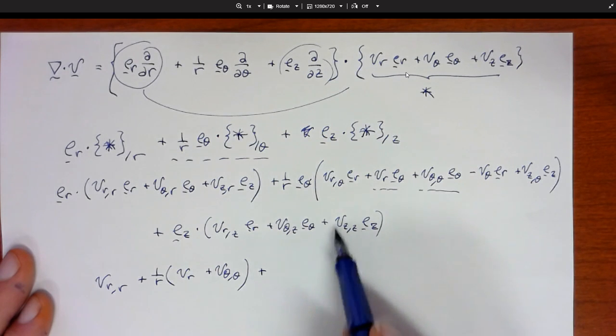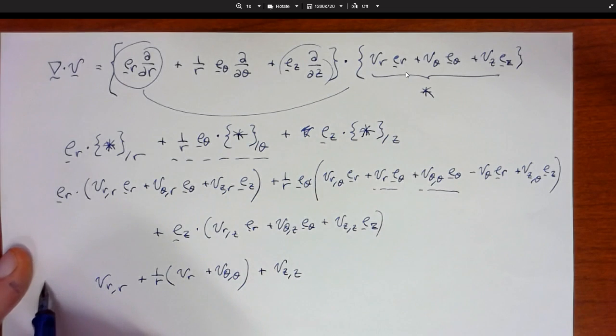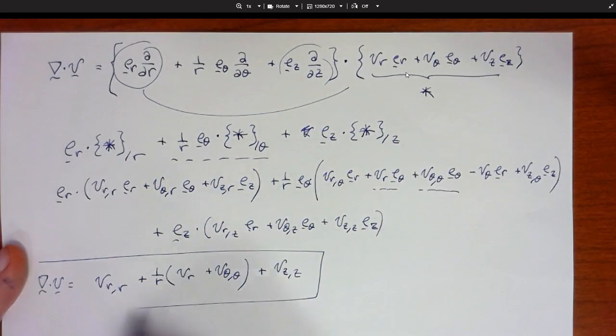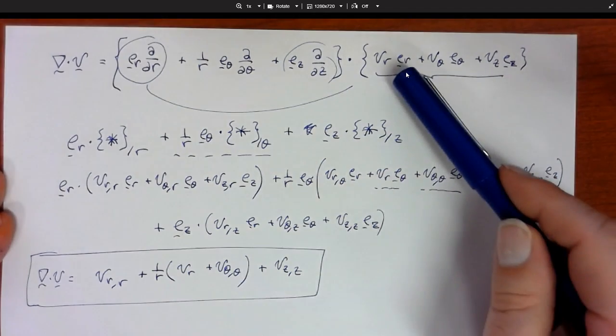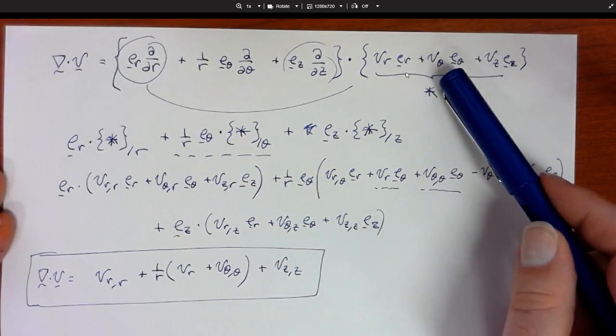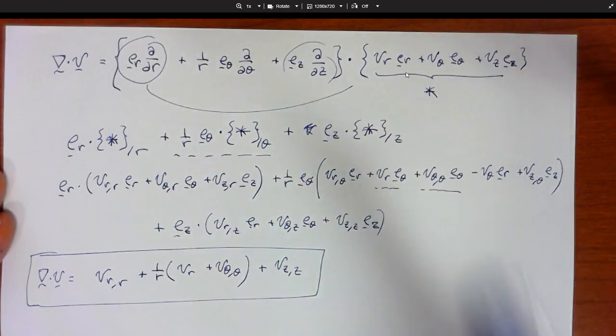Again, the only one that survives is VZ comma Z. So this becomes the divergence of the velocity field in cylindrical coordinates, okay? It's not that hard, but you can see the math pops out the additional terms because some of these unit vectors change when we take the partial derivative, okay?